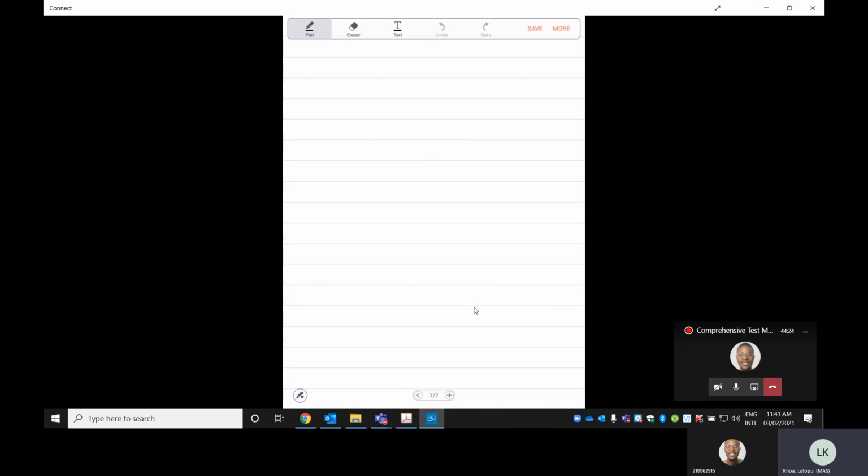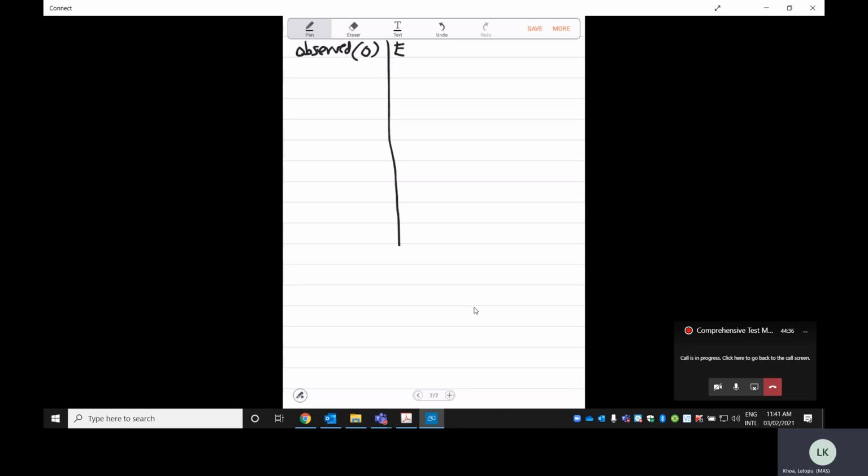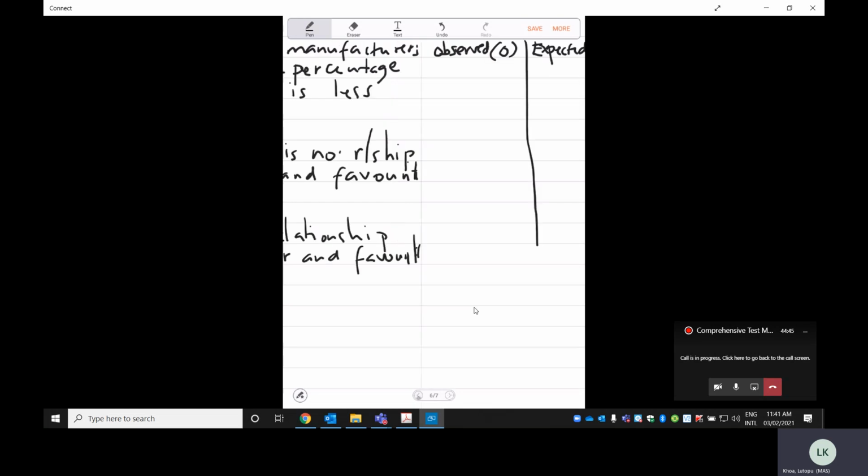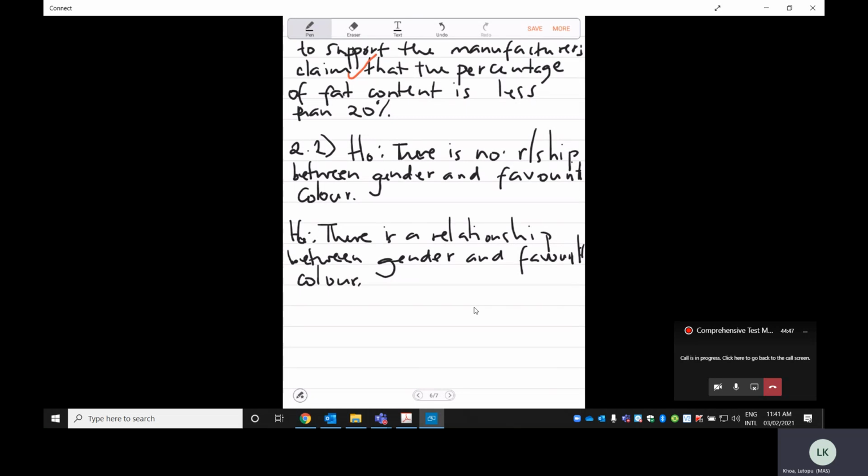Okay, so I'll start with my observed, which is the O. I have my expected, and before that, let me redraw this table.